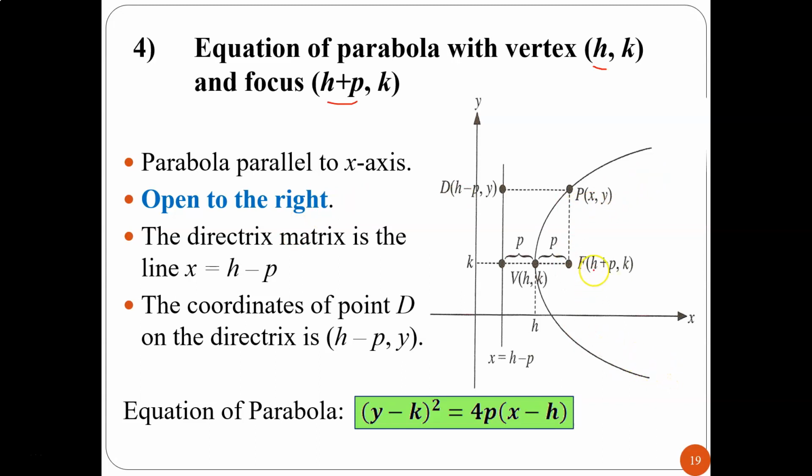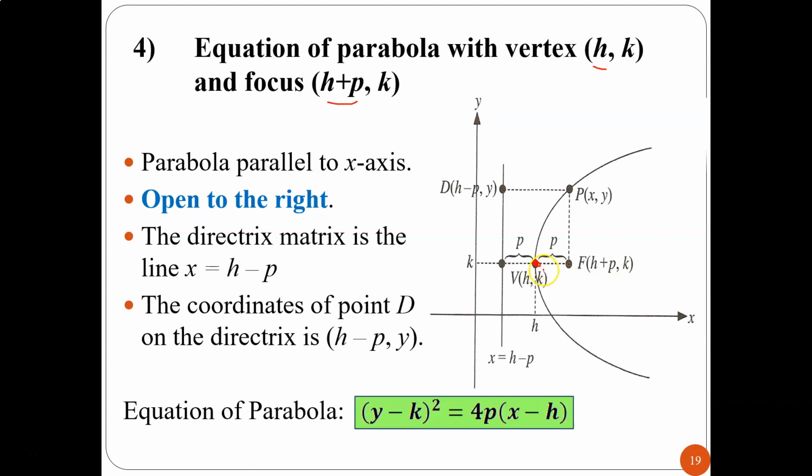So when you have like this, your vertex is over here, which is h, k, and then they shifted to the right. Kalau open to the right, maksudnya shifted to the right, your p is positive lah. So h plus p, sebab dia anjakkan koordinat paksi x tu sebanyak p unit ke kanan, to the right.